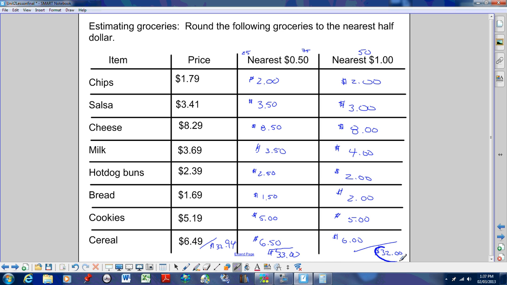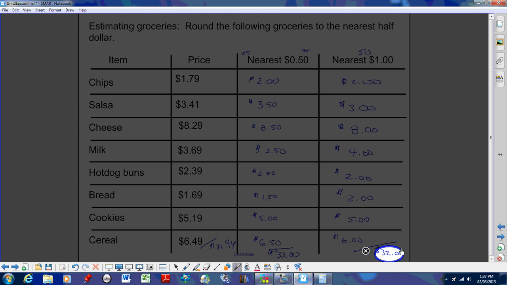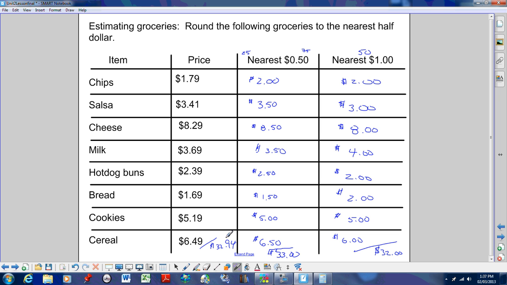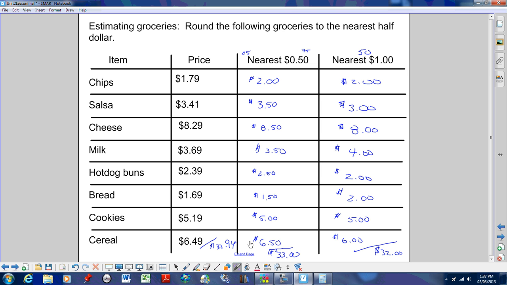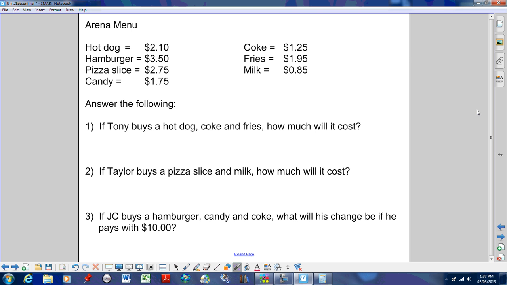Going to the nearest dollar was $32, and we actually calculated it's just under $33. So rounding to the nearest 50 cents or the nearest dollar gets you a fairly accurate calculation. Okay, so you can see how close it actually comes out. And that's what we're going to be practicing in our skill sets here.